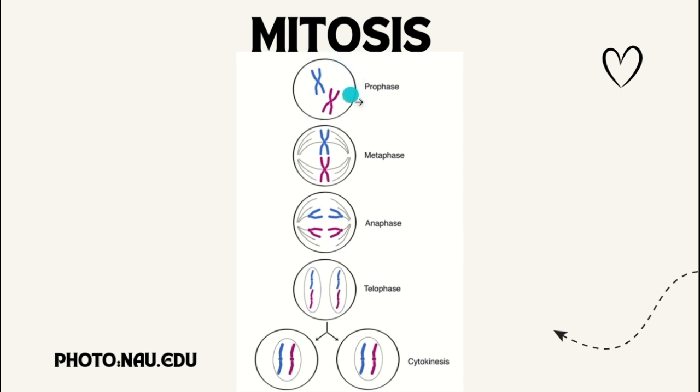This diagram doesn't really show it, but the centrosome is going to be at the opposite ends of the cell, and that's going to happen while the chromosomes become condensed. That's really what's happening in prophase for the most part. The reason they're becoming condensed is that before, they were uncondensed, decondensed, not showing, and now they're showing, so they're condensed. So that's prophase.